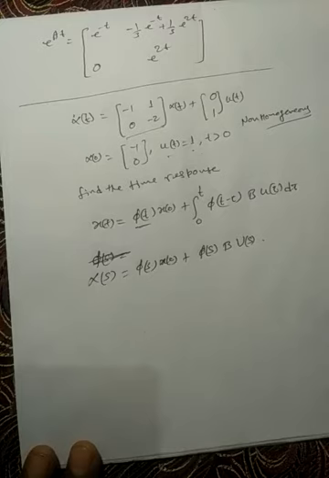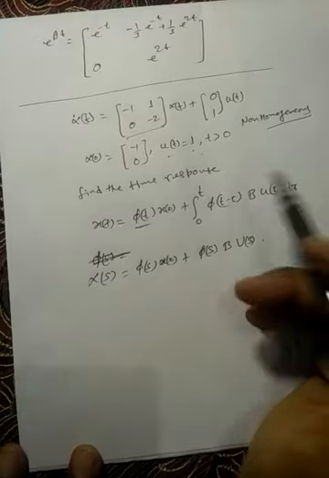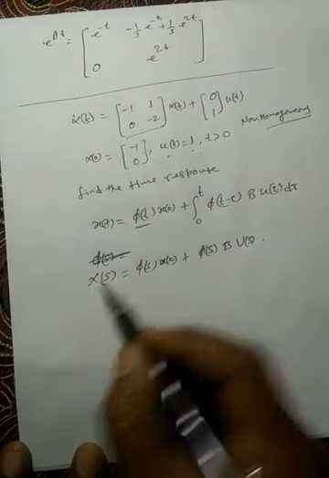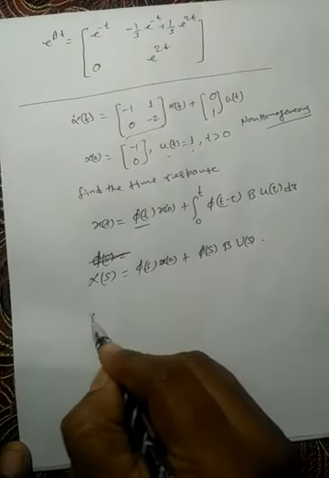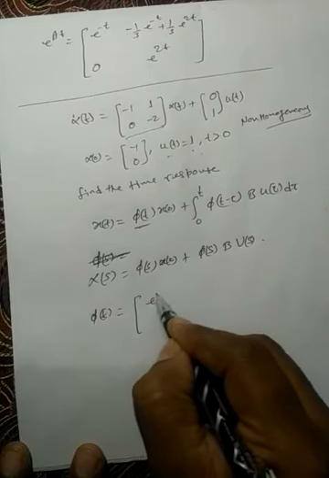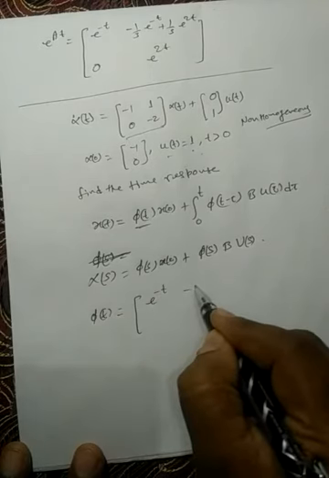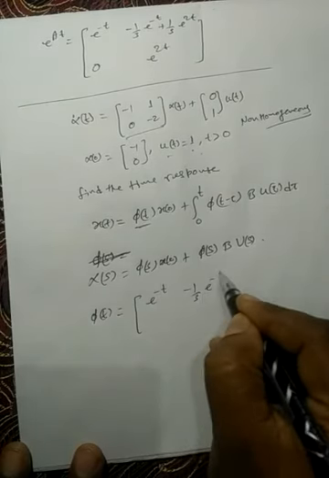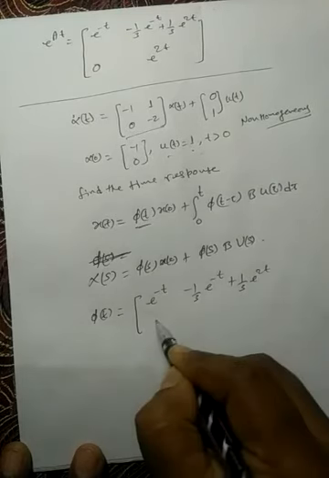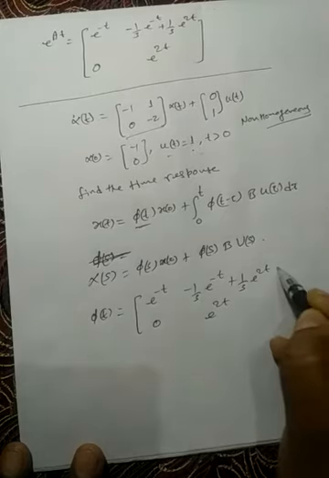And recently we have solved the phi t for this matrix, and we find phi t is equal to [e raised to minus t, minus 1 by 3 e raised to minus t plus 1 by 3 e raised to 2t; 0, e raised to 2t].